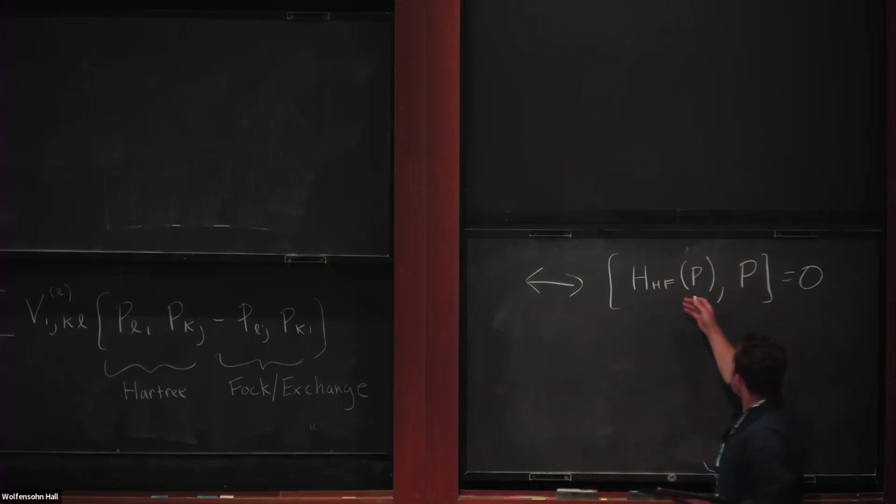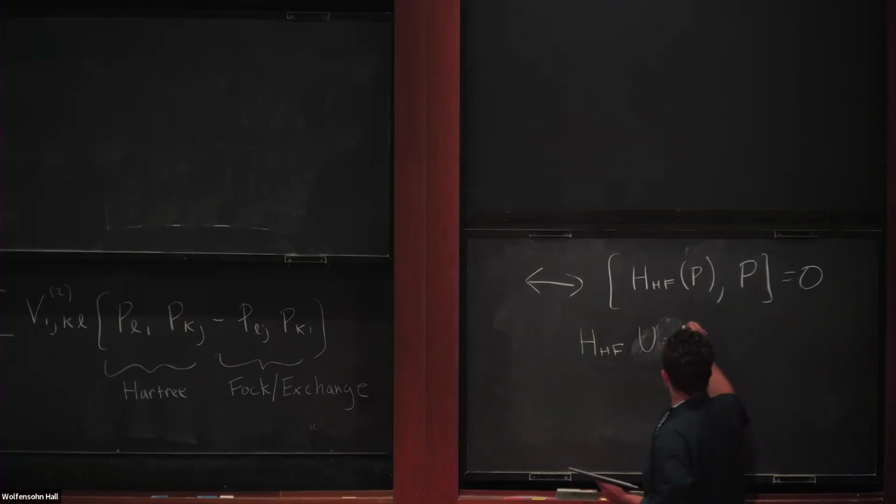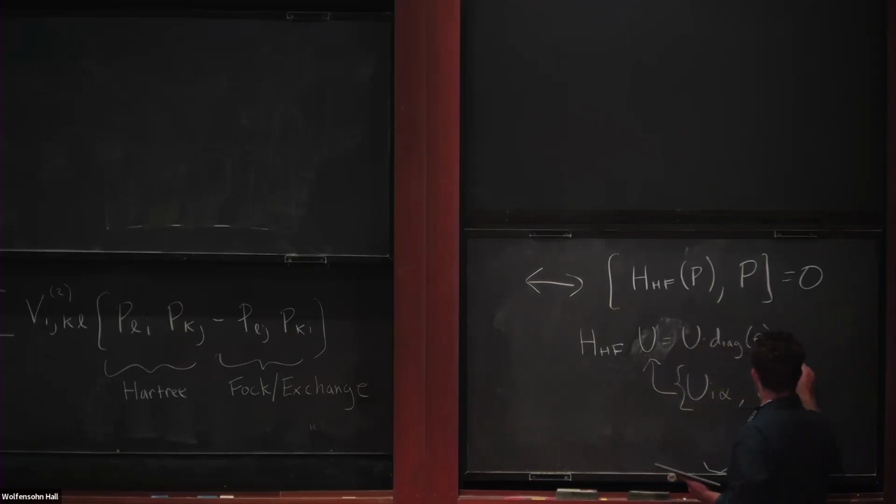Okay, suppose I have a current guess for what H Hartree-Fock is. What do I know about P? Well, if they commute, they're simultaneously diagonalizable. Suppose I found an eigensystem, H U equals U times diagonal E. So I just diagonalize it, and if I unpack this notation, what I'm finding is a unitary matrix U_I alpha and a spectrum E_alpha, the eigenbasis of the Hartree-Fock Hamiltonian.